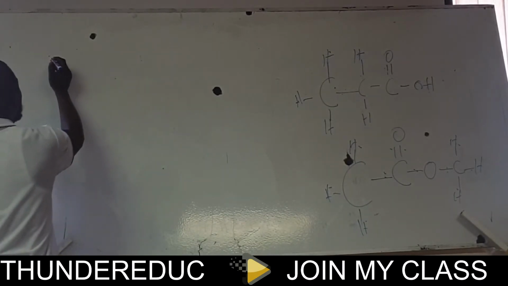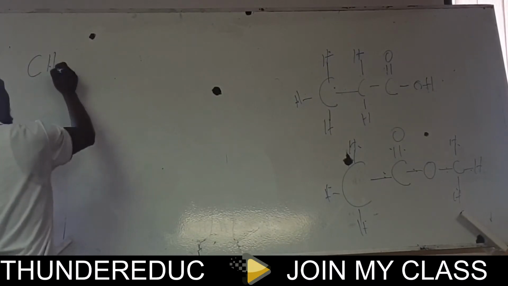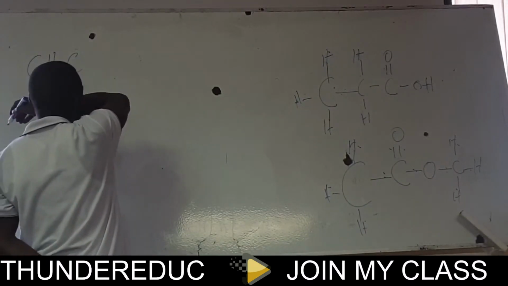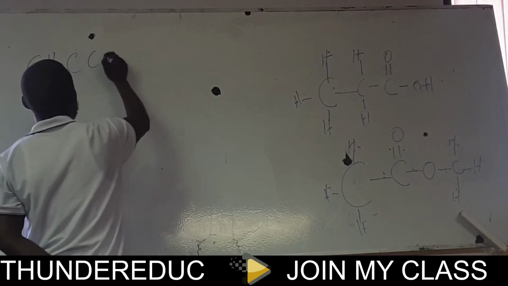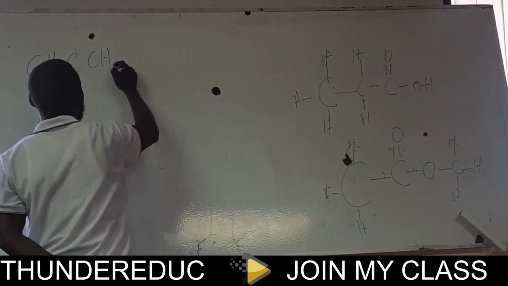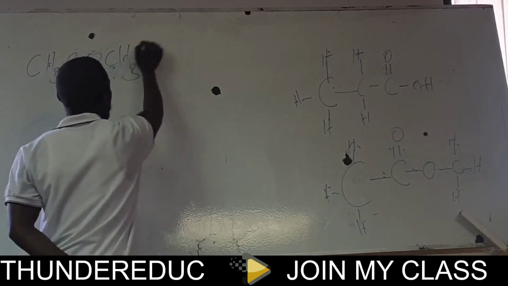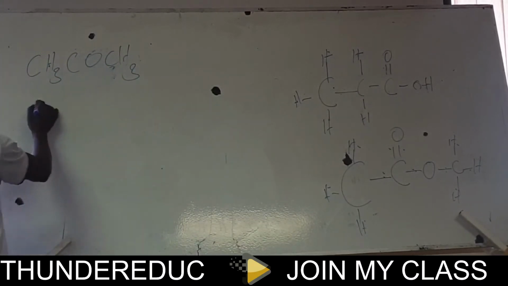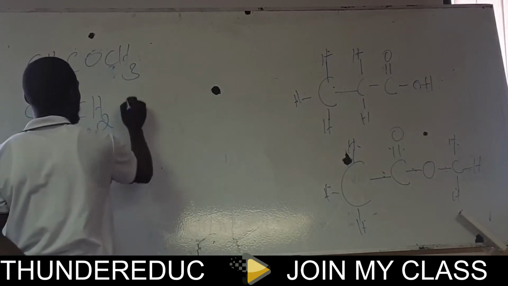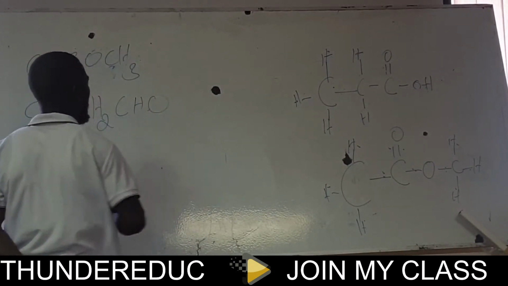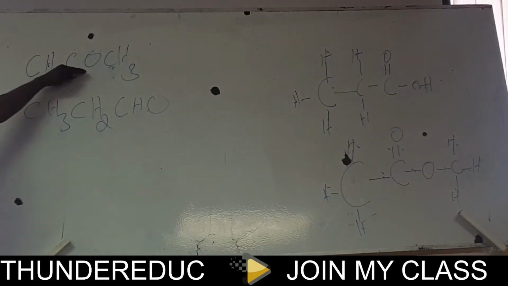For example, CH3CH2CHO and CH3COCH3. This is an aldehyde. This is a ketone.